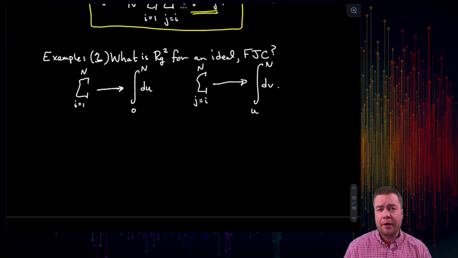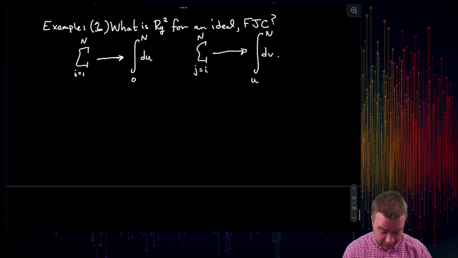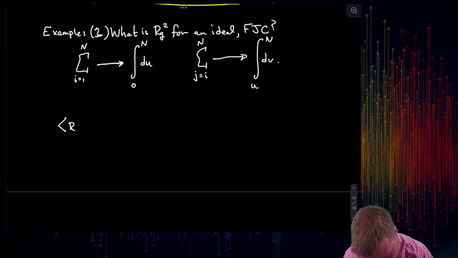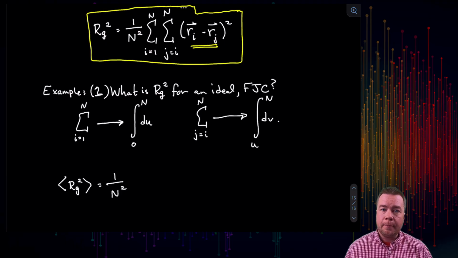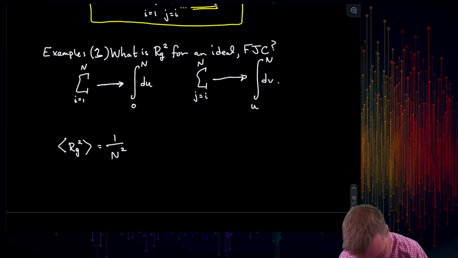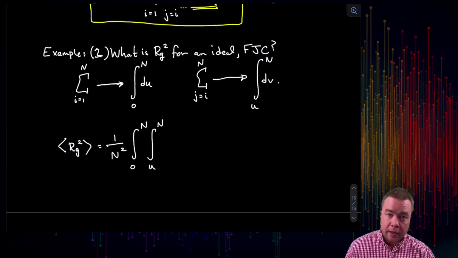Let's write this now. We're going to look at the average across all of the polymer chains. If we just did this, that would tell us the radius of gyration for one polymer chain, but we need to do this for a large number of polymer chains to get the right answer. So the average radius of gyration squared is going to be 1 over n squared. That comes from up there. Then we've got the 2 integrals: the integral from 0 to n, and the integral from u to n. And we need to put in the expression.